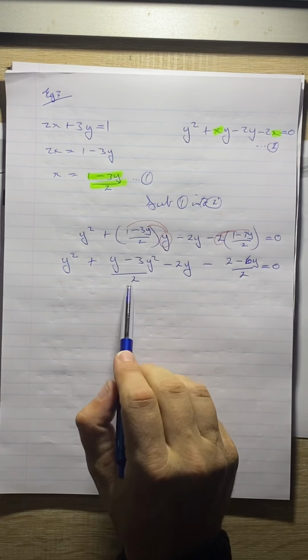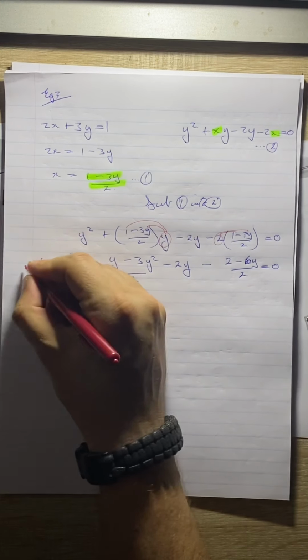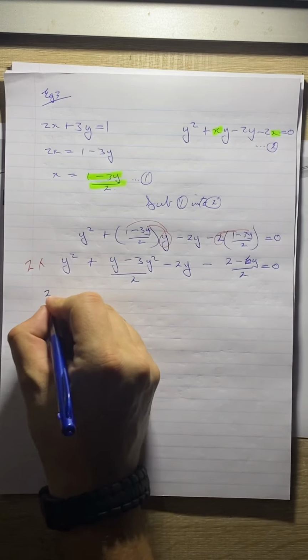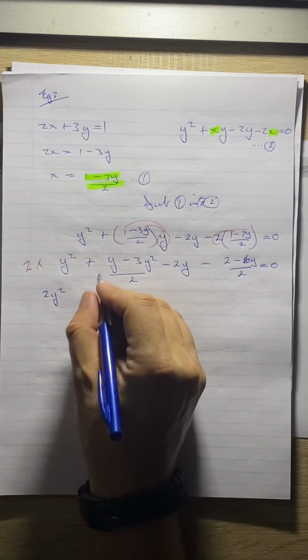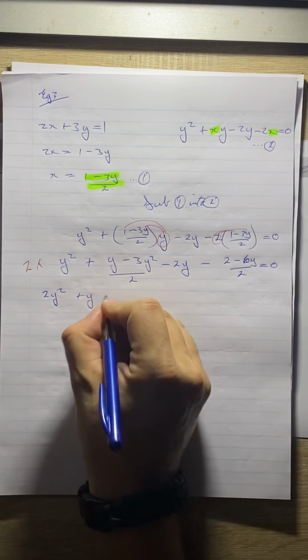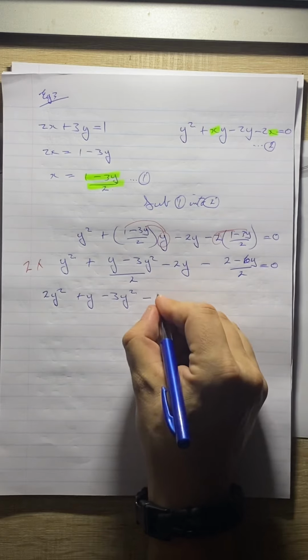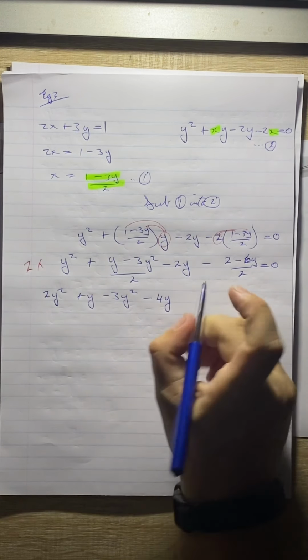So I'm going to multiply through by 2, okay, to get rid of that denominator. If I multiply this by 2, I get 2y squared. If I multiply this one by 2, they will cancel, and I'm just left with plus y minus 3y squared. Multiply this one by 2, minus 4y. Multiply this one by 2, they will cancel, but be careful.